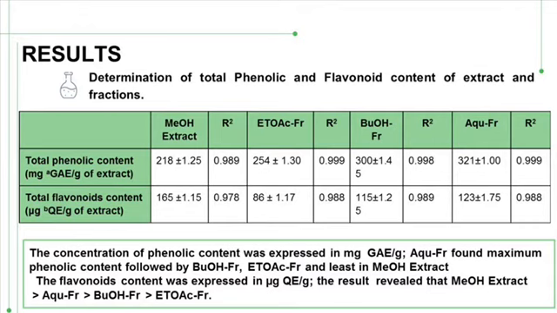For our total phenolic content, the highest concentration was found in the aqueous fraction with 321, followed by the butanol fraction with 300, and then the ethyl acetate fraction with 254. And finally, the least phenolic concentration was found in the methanolic extract with 218.